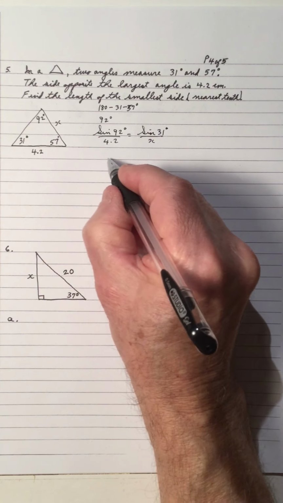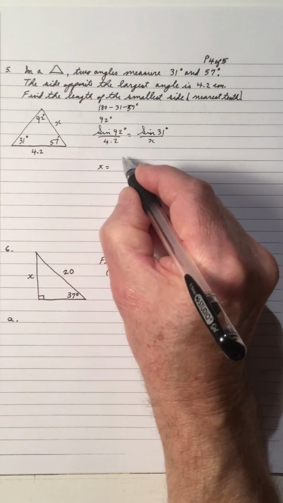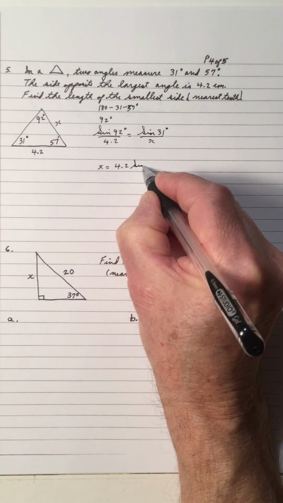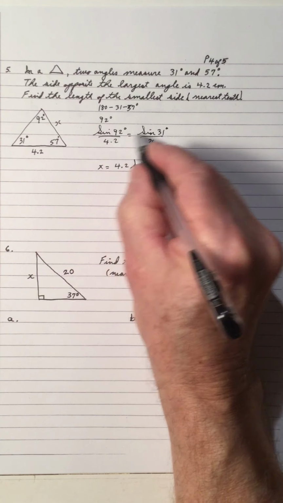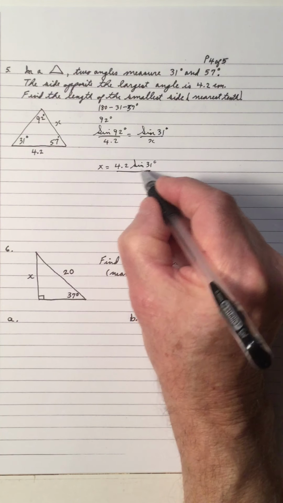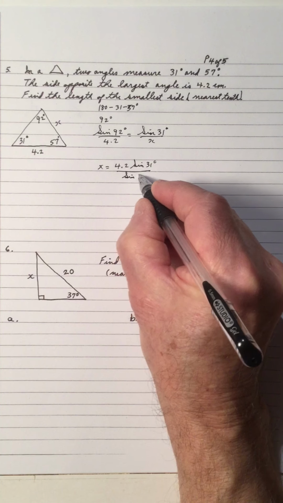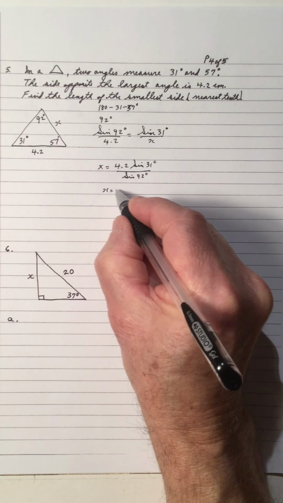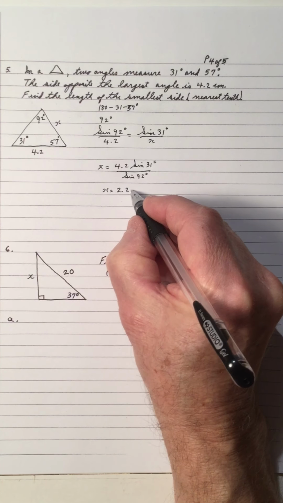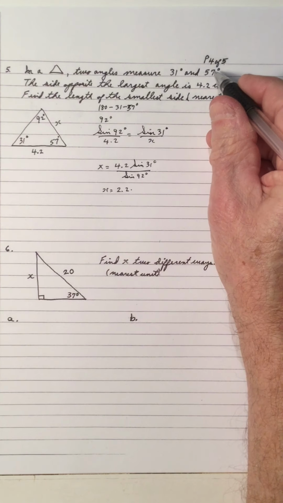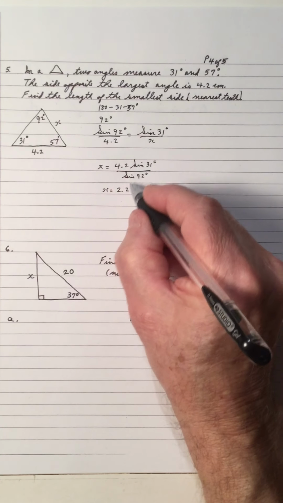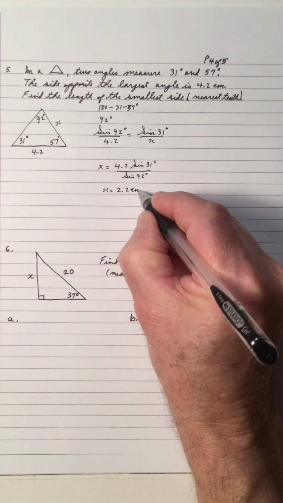And we cross multiply, so x is 4.2 times sine 31 divided by the sine of 92. Plug that into your calculator, and it works out to be 2.2. And the length is in centimeters, so that shortest side is 2.2 centimeters.